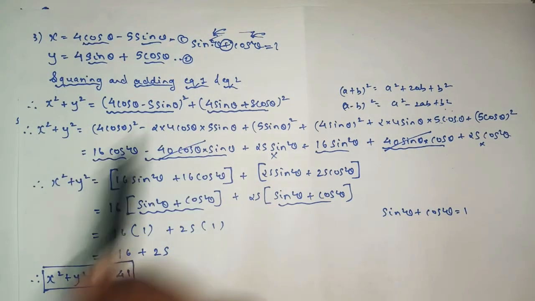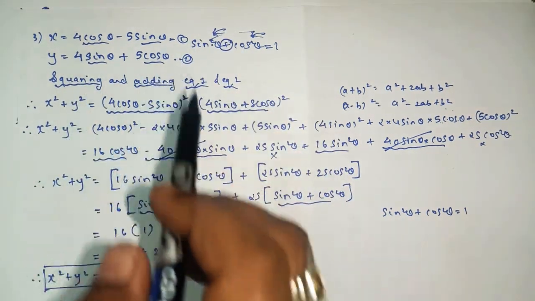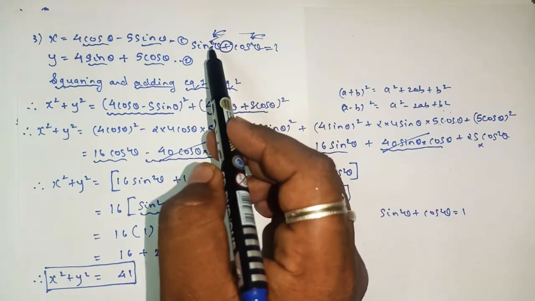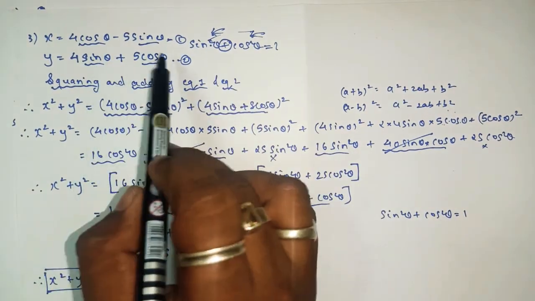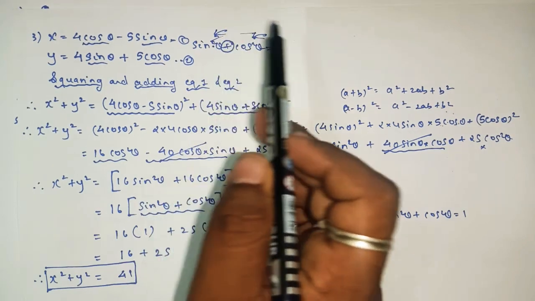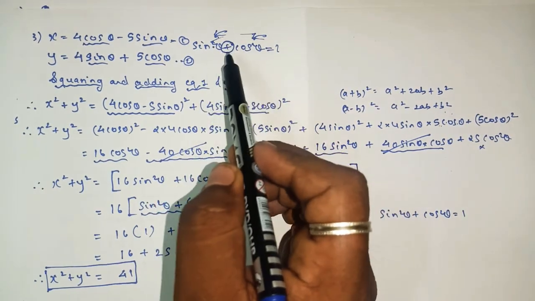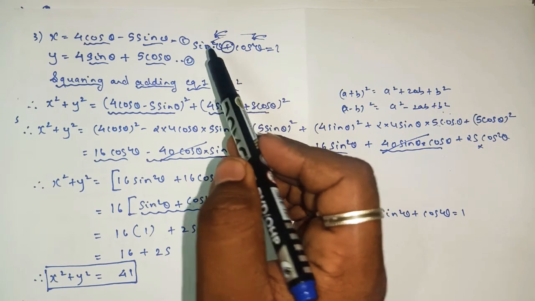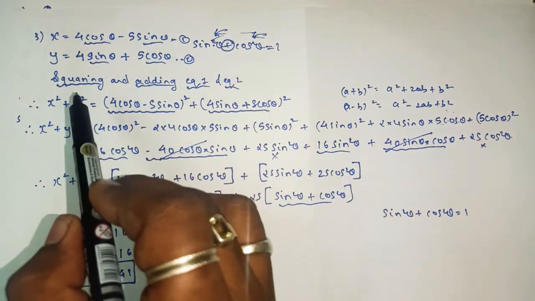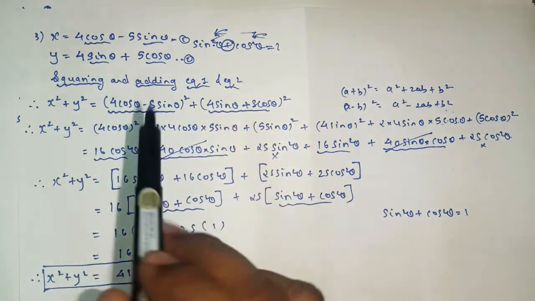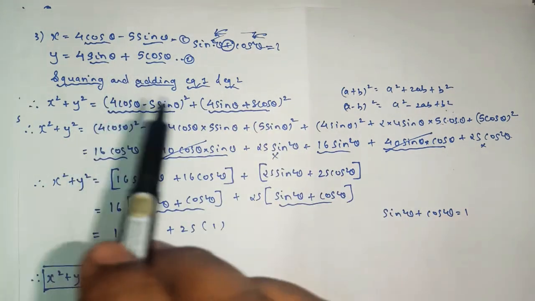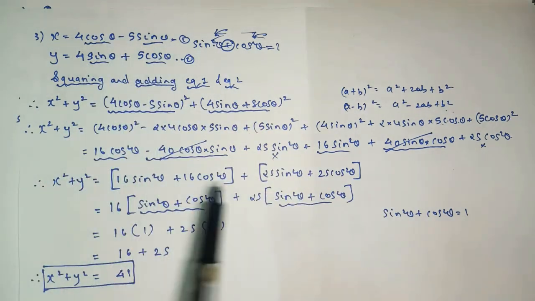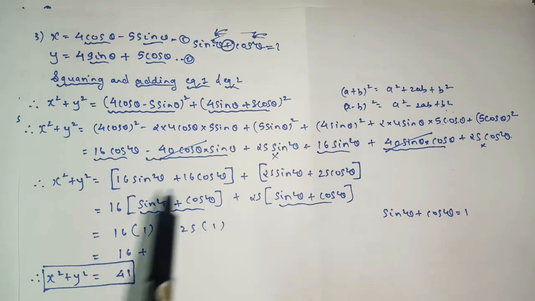This one. Okay, so squaring and adding idea here we got from here, as we know that there is one relation between sine and cos, sine square plus cos square equals to 1. So here we have square as well as add, so that's why from here I got the idea that we'll do squaring and adding to this equation. So somewhere you will get sine square plus cos square directly, and in place of sine square plus cos square we can put 1.